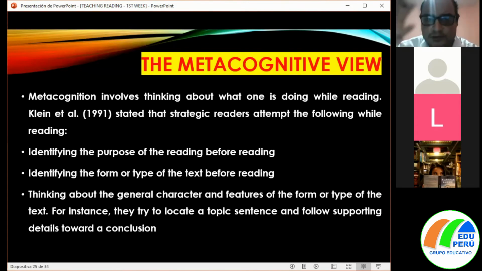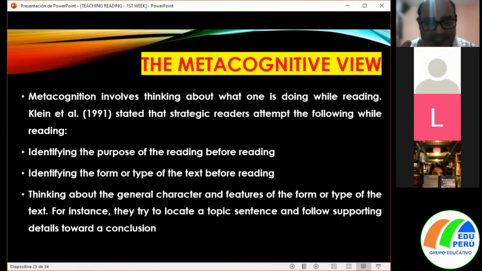Sometimes you can find it also in a text. In the first paragraph, you have some sentence that gives you a general idea or the main idea of the text that you're going to read. And then you have some topic sentences inside each paragraph, giving the main idea of the paragraph that you are reading, in three, four, five paragraphs. It depends on the type of text you are reading. So notice, you are analyzing.